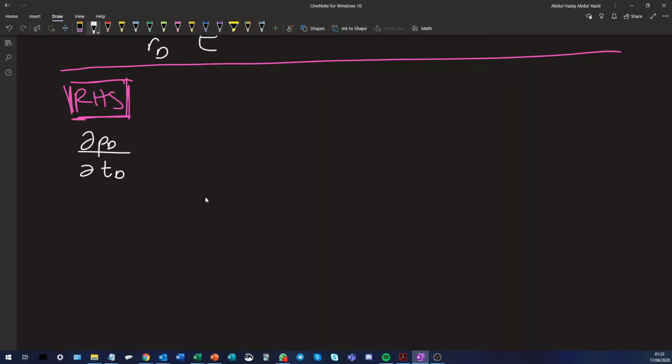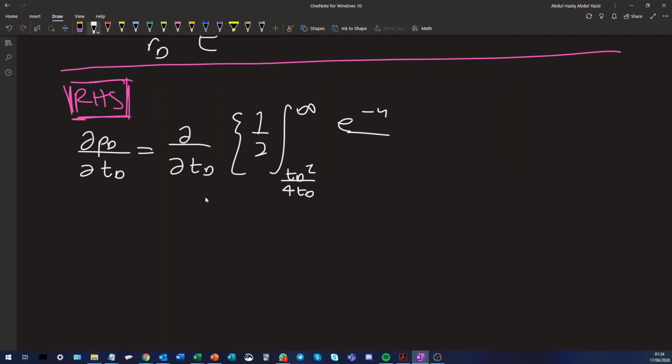So we can apply the same concept and say that this is ∂ over ∂t_D. Open bracket. Well, we have a half here. We have an integral here, r_D squared over 4t_D to infinity of e to the negative u over u du. Okay.